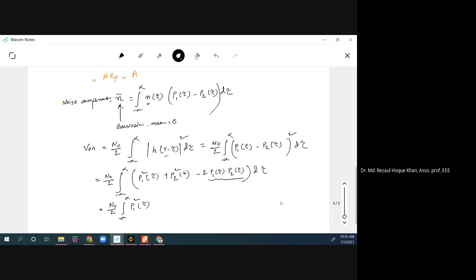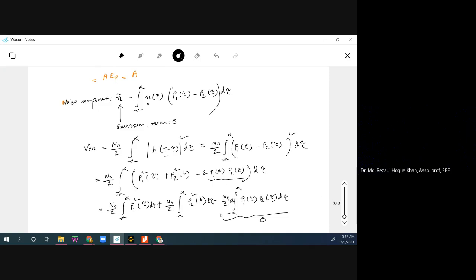So we have N0 by 2 times the integral of p1 squared(tau) d tau, plus N0 by 2 times the integral of p2 squared(tau) d tau, minus N0 by 2 times 2 times the integral of p1(tau) p2(tau) d tau, with d tau everywhere. The last term is 0 because of the inner product.